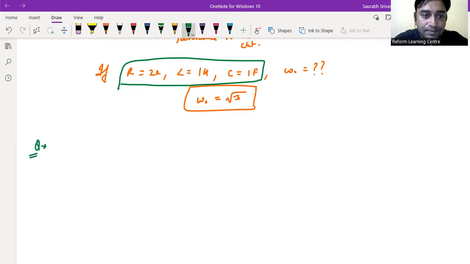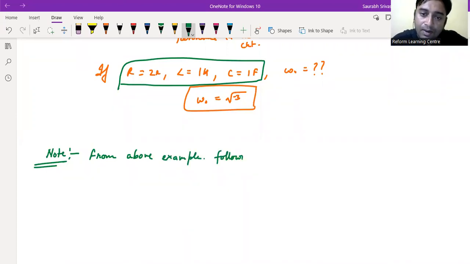Now, question. The question in note लिख लीजिए इसको. From above example, following can be concluded. क्या conclude कर सकते हैं आप?